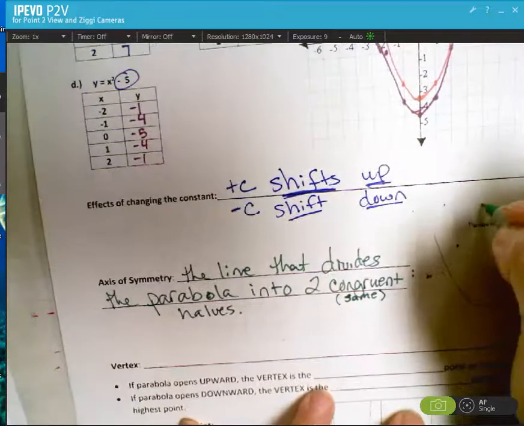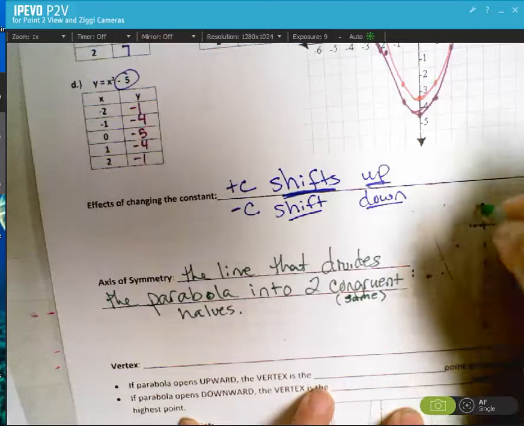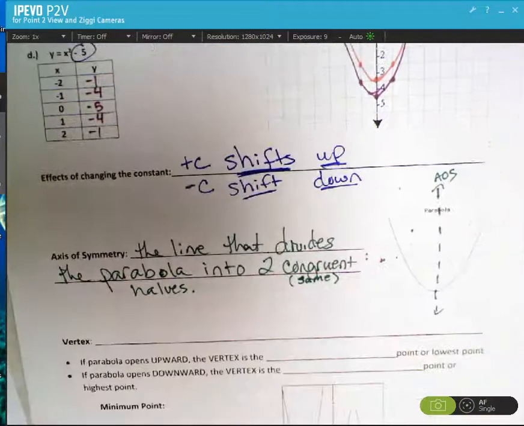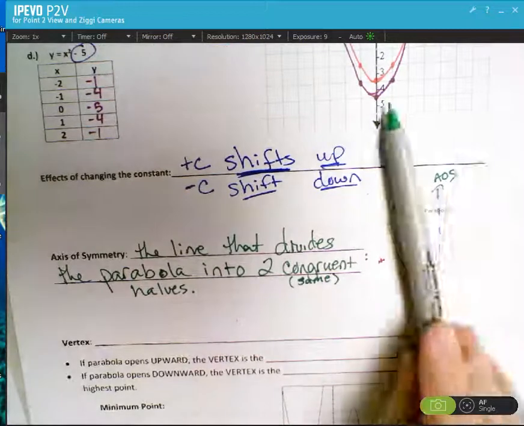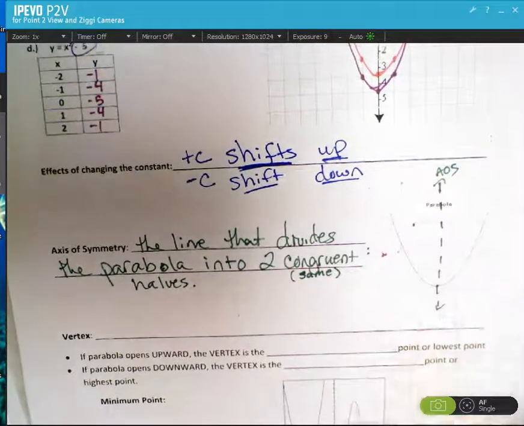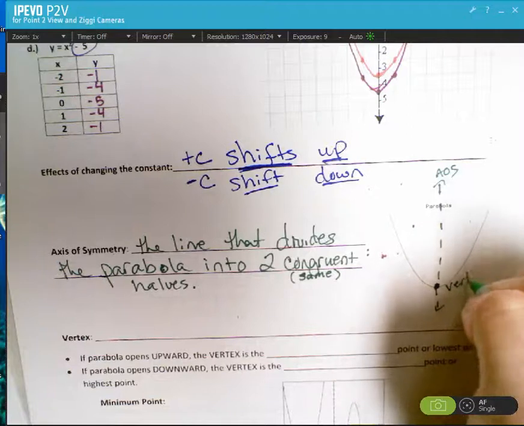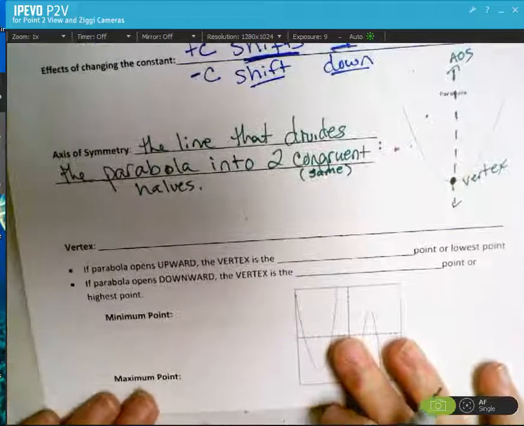So if I have a parabola, I can chop every single parabola, every quadratic function that I have, in half with the axis of symmetry. It goes right through the middle of my parabola. And not only does it chop it in half, it tells me what's known as the vertex. So this is my vertex. It's the point where it intersects your quadratic function.